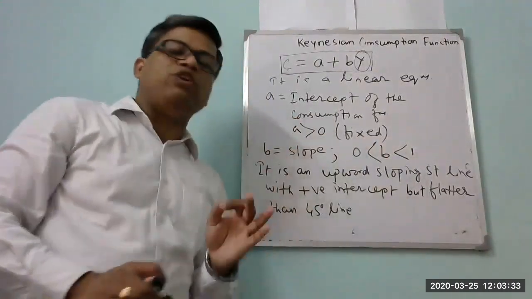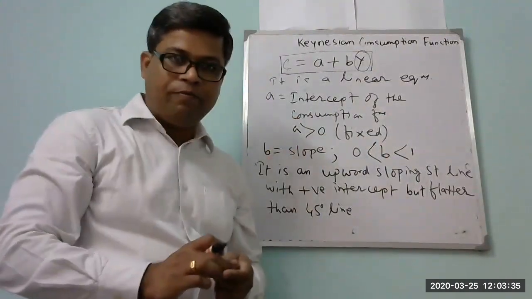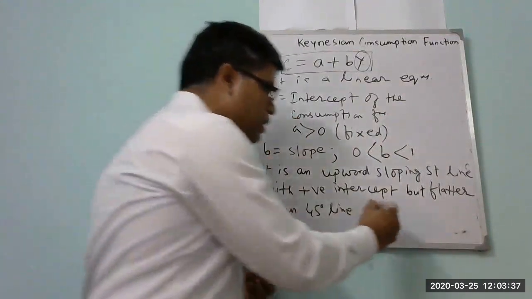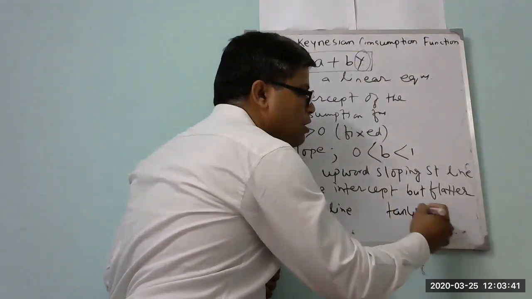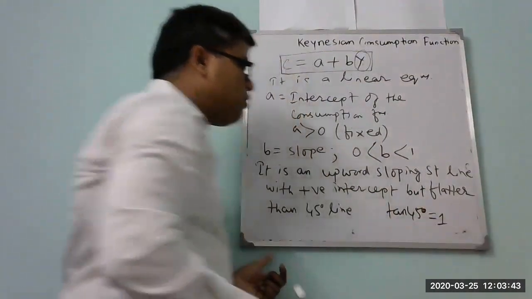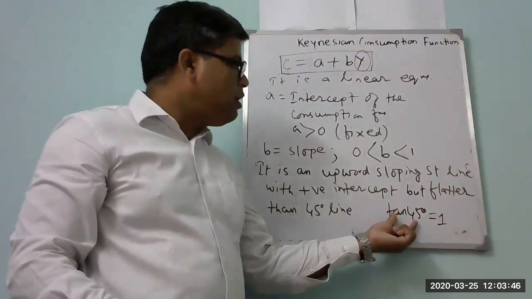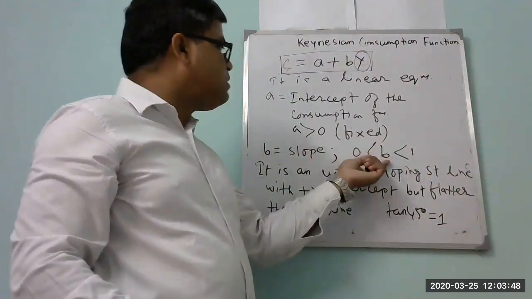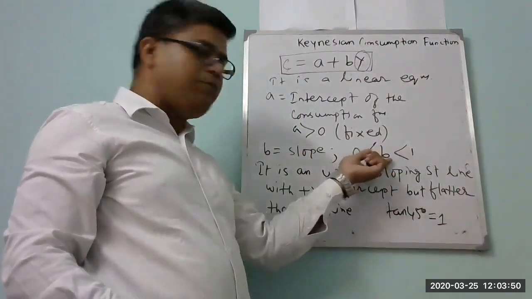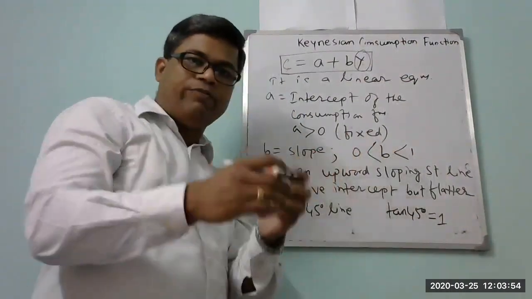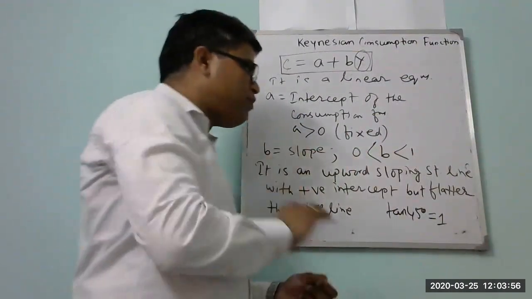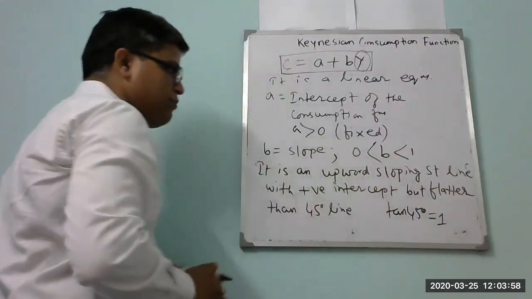We know that tan 45-degree is equal to 1. So since the MPC value is less than 1, we can say that it is always flatter than 45-degree.